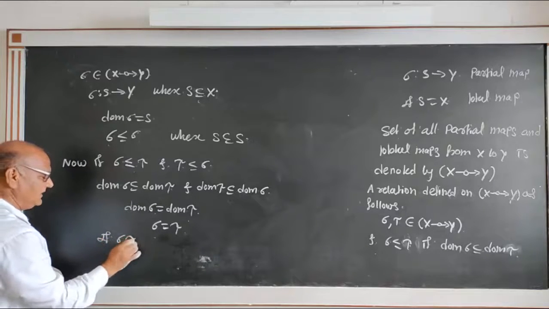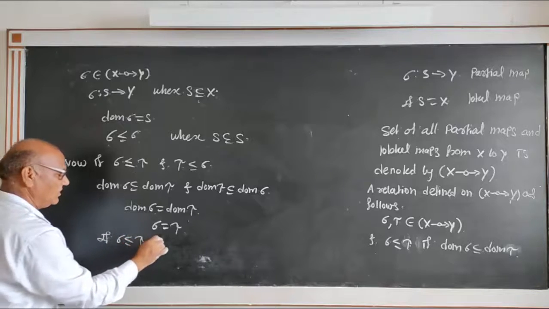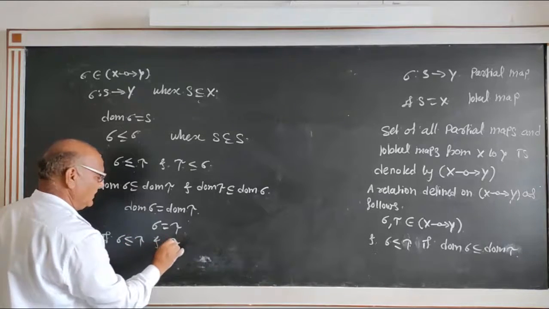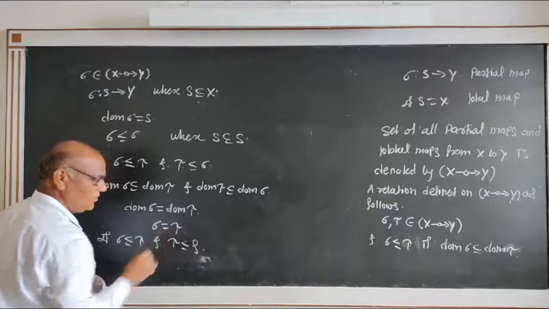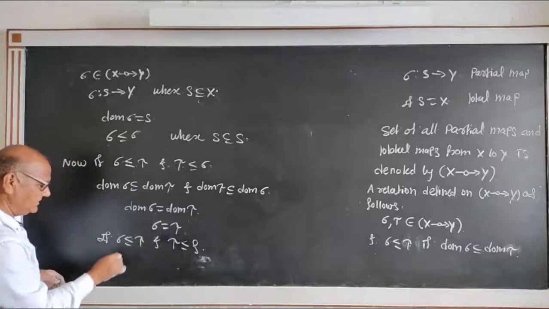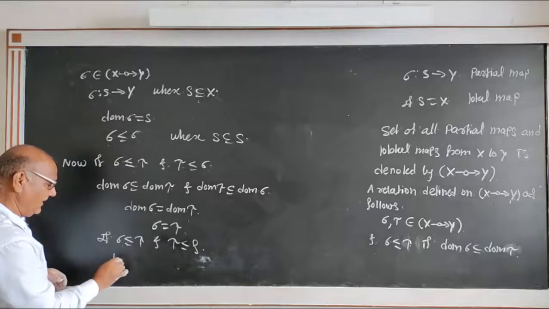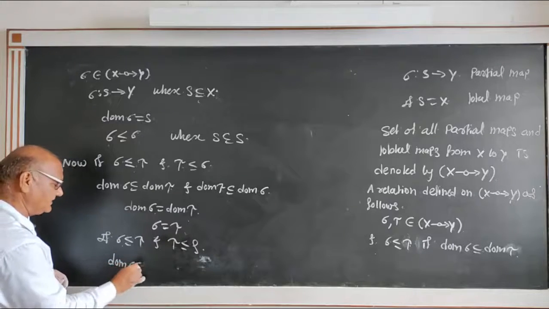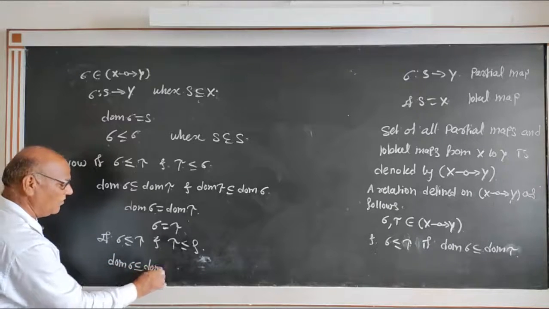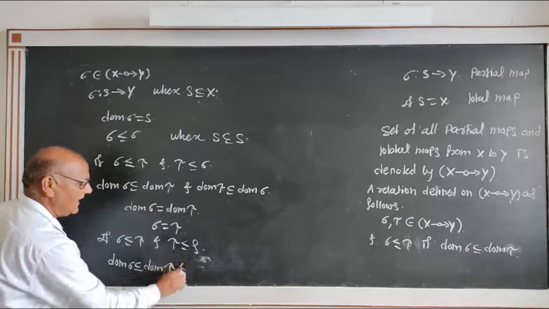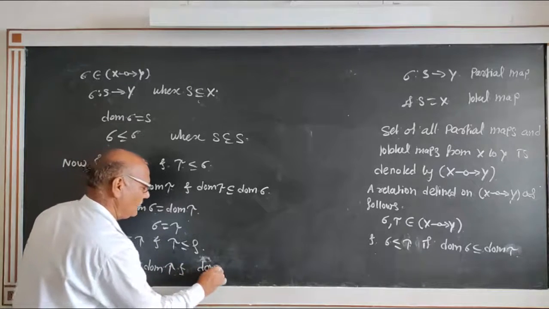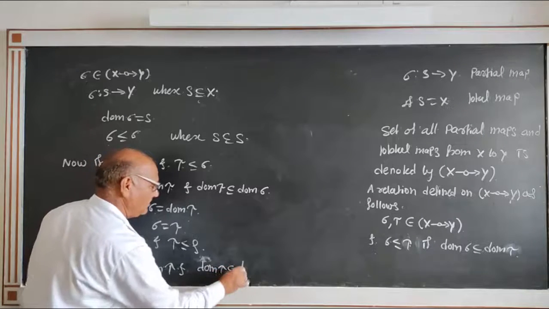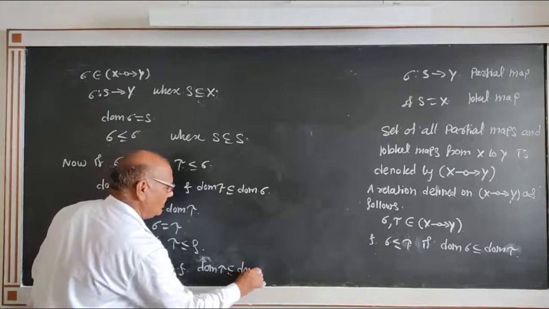If sigma is related to tau and tau is related to rho, that means domain sigma is a subset of domain tau and domain tau is a subset of domain rho.